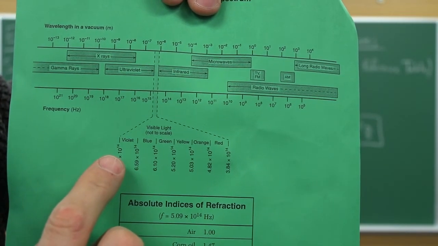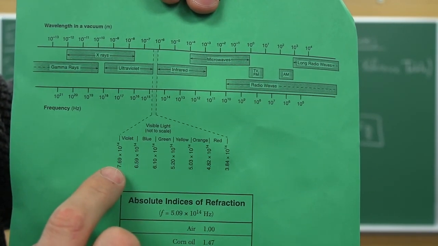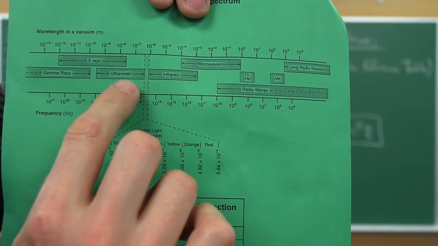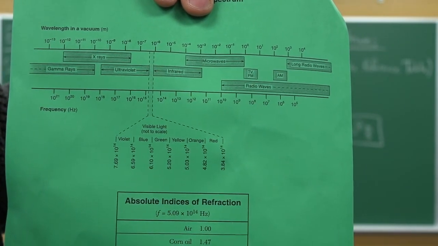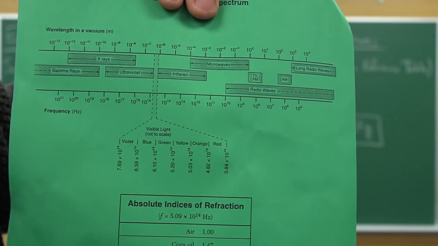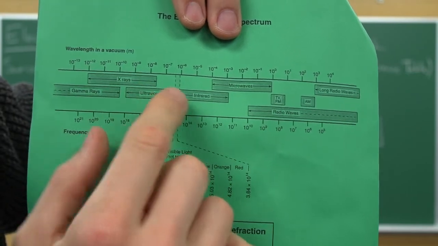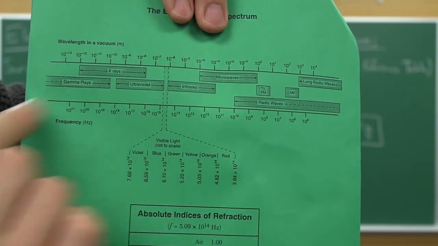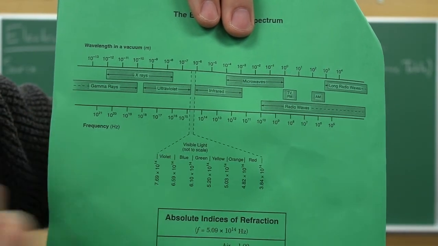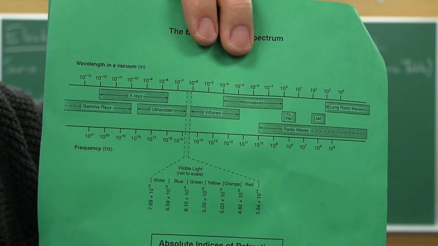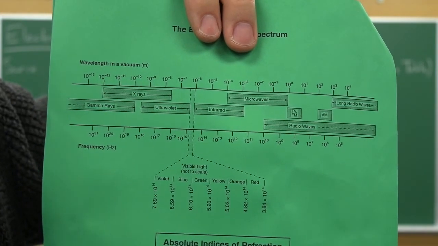If I continue shaking faster, beyond this frequency, my eye cannot detect those waves anymore, and I start creating ultraviolet rays. These could cause sunburns. Shake even faster, between 10 to the 16th and 10 to the 20th, you get X-rays. Shake even faster, you get gamma rays. These all cause cancer up here because of the high energies, which we'll talk about later in the year.